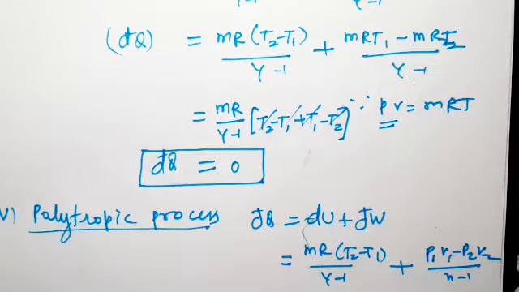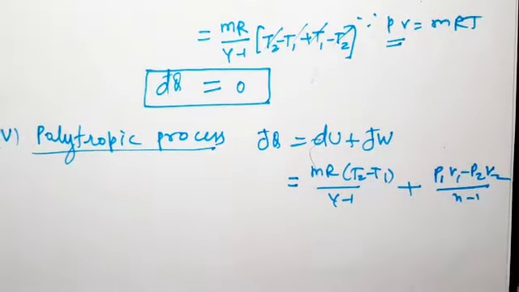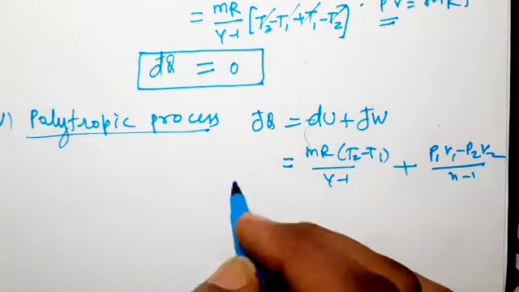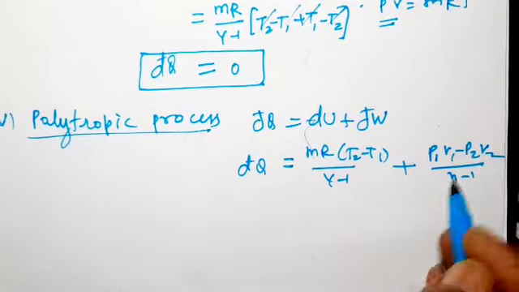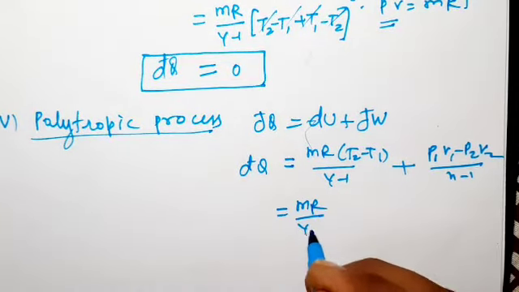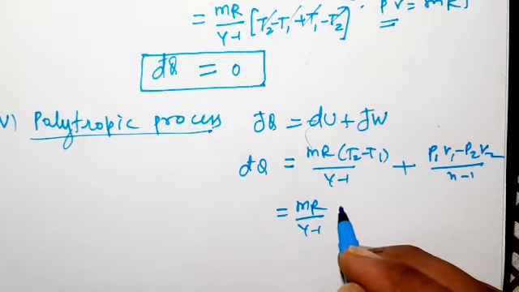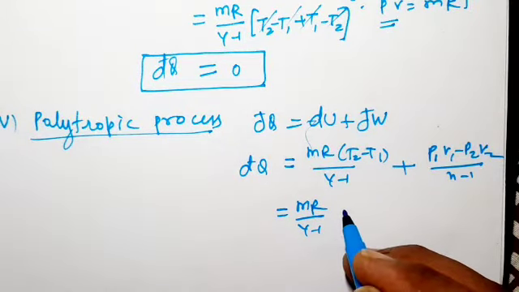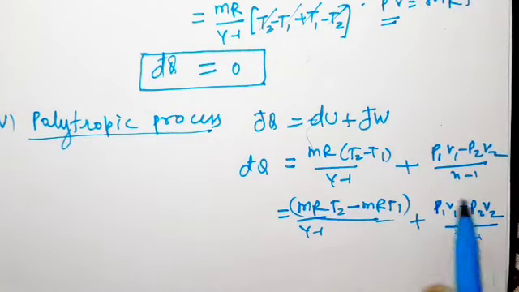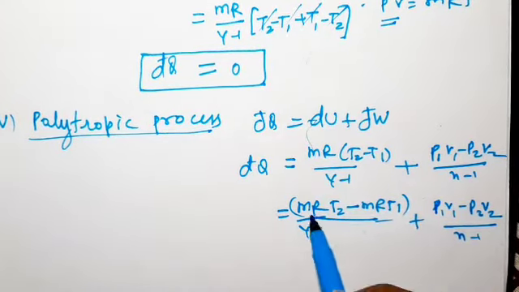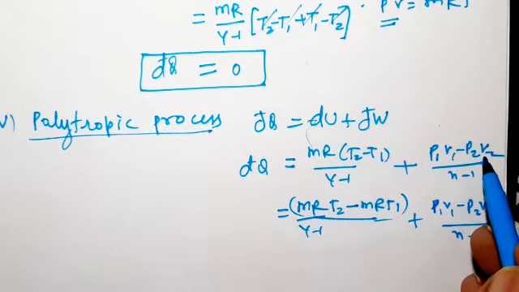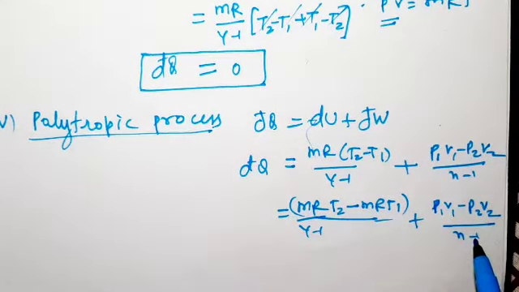Here in polytropic process, n is the polytropic index, so n minus 1 will be used. So dQ is equal to this term. Now mR upon gamma minus 1 is common, so here mRT2 minus mRT1 upon gamma minus 1 plus (p1 V1 minus p2 V2) upon n minus 1.